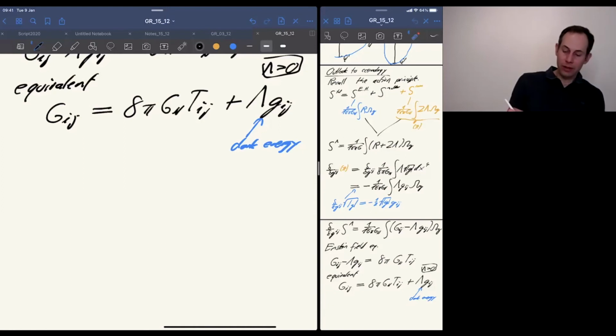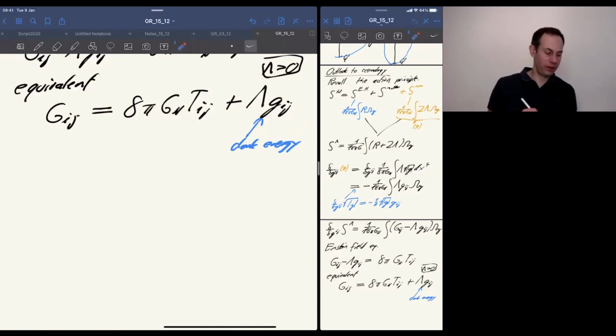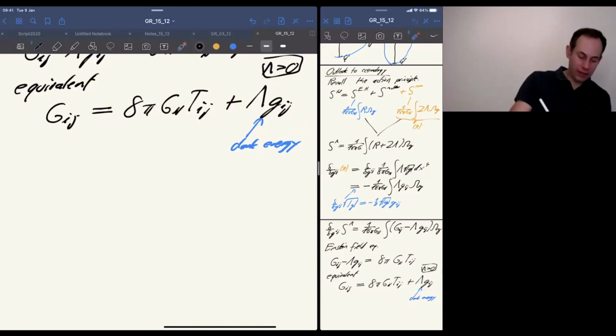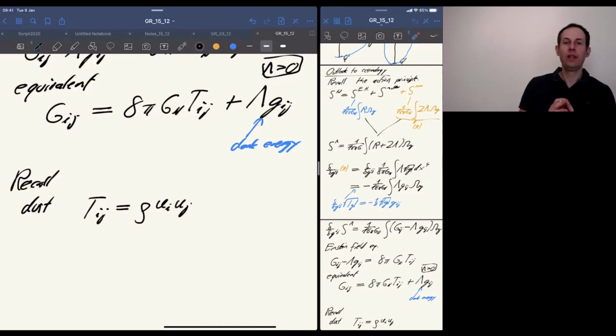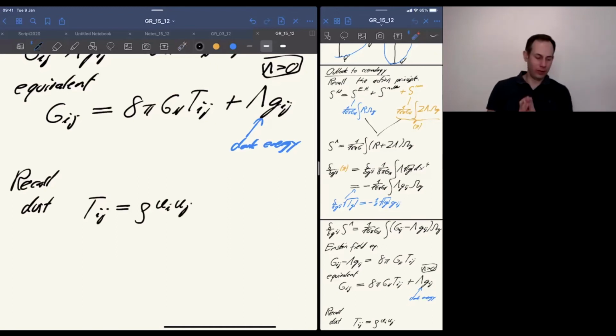Now I want to briefly discuss in what sense this is really different from that term. So remember that we looked at dust, and the dust energy-momentum tensor was basically a tensor which had the form rho times u_i u_j, where u is the forward velocity of the dust.